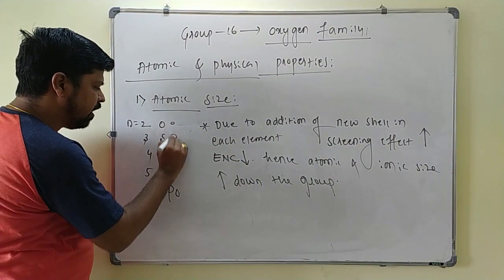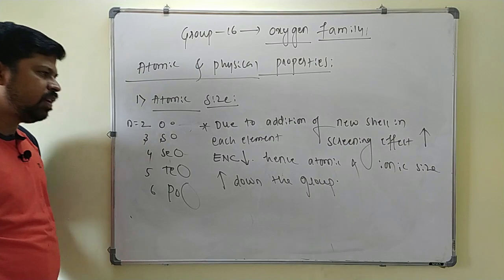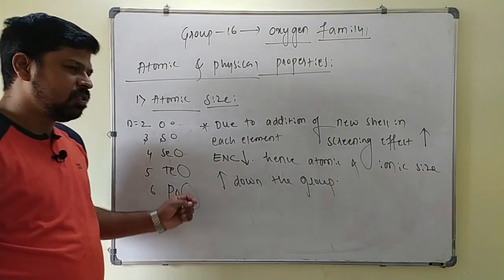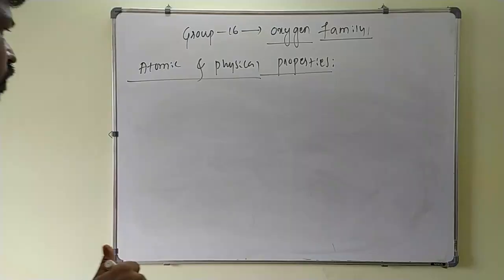So from here to here atomic size is increasing because of the increase in the n values. So this is the atomic size variation.